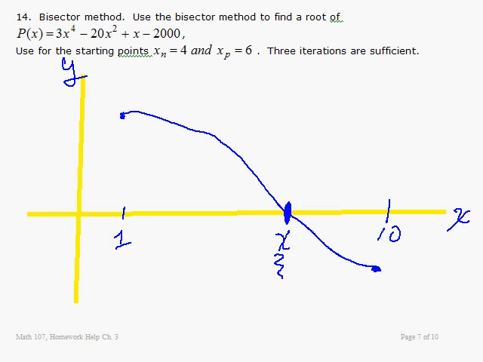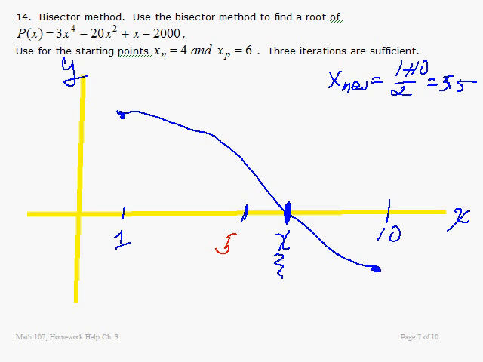Don't take the values of the function here and here. That's not the method. The method is to take the x values and average them. So my new value will be 1 plus 10 over 2, which is 5.5. So let's say 5.5 is right here.